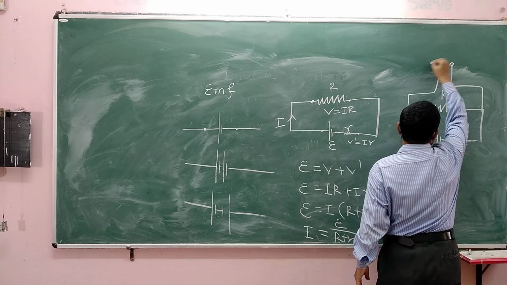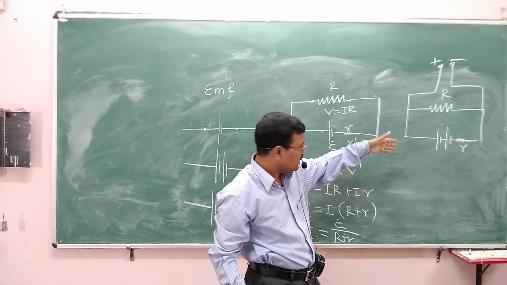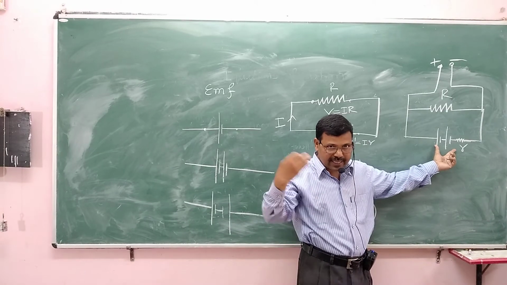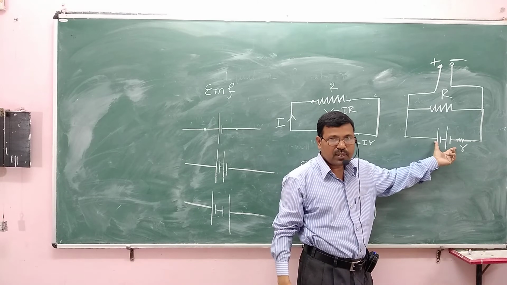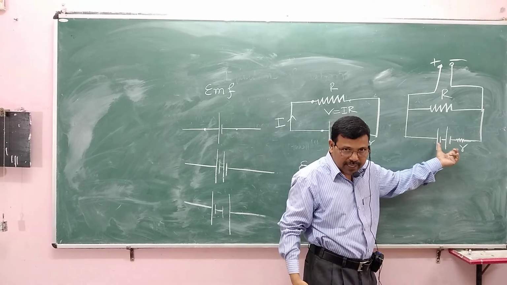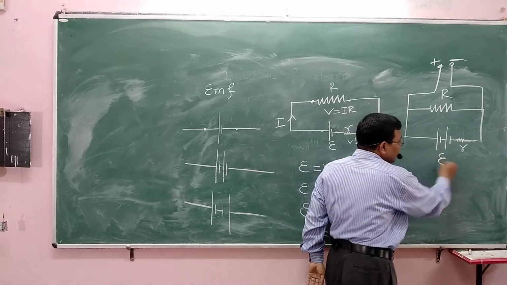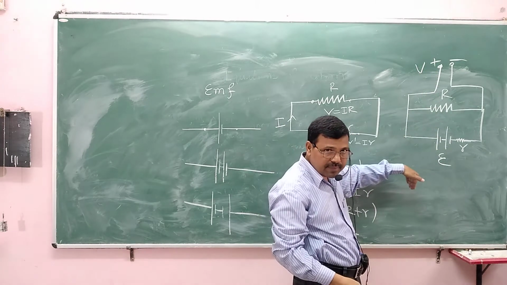Here is the potential difference, the DC voltage that we have given. The cell is under charging, the battery is under charging. This is the situation of a rechargeable battery. Here, EMF is less than the applied voltage.